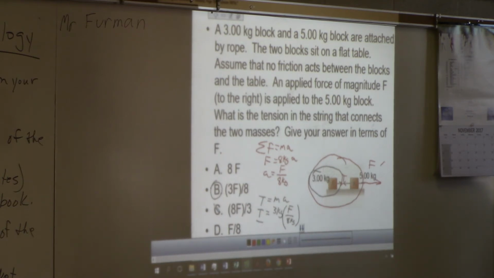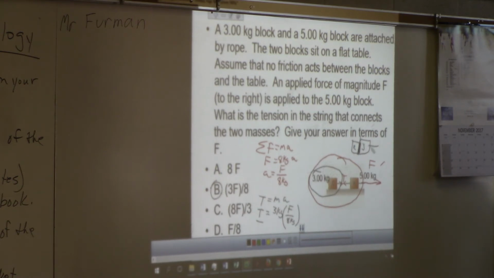Questions on that? Sometimes you'll see a problem where you've got two blocks that are actually next to each other, and it'll ask what's the tension between the blocks. If you've got, say, a mass of 2 and a mass of 3, depending on the direction of the force applied, it's either going to be 40% or 60% of the force.